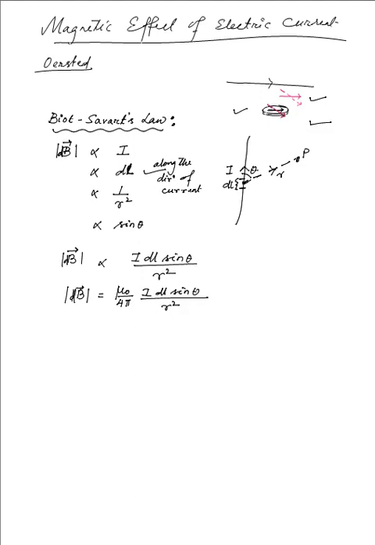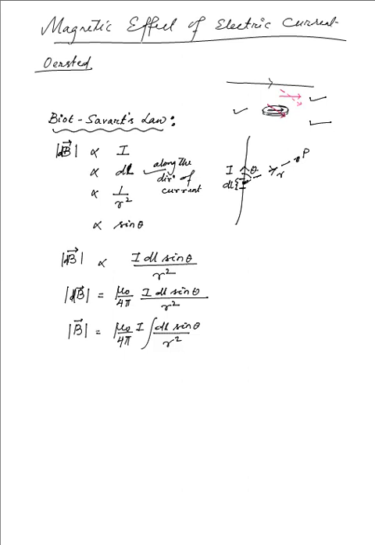And we can have the entire magnetic field intensity by taking the integral of the term, where we have I dl sine theta divided by r squared. Now, the reason that I have the r squared and the sine theta term within the integral is what we are going to discuss now.